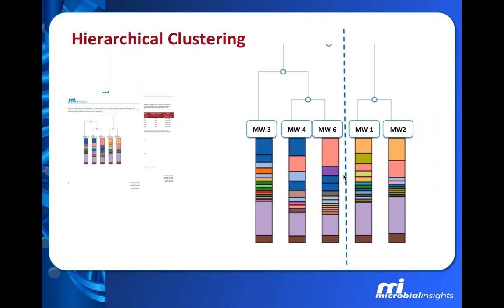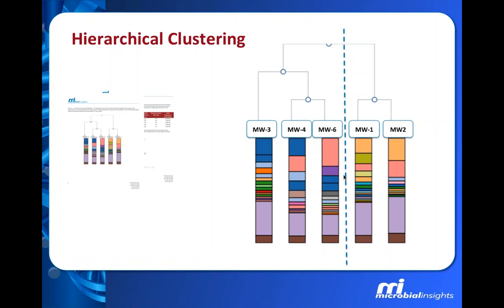You can see the first pretty easily is MW3, 4, and 6, and the second is MW1 and 2. And these stacked bars below each sample represent the microbial community of each sample at the genus level. So each of those colors that you see in that stacked bar would be a different genus of microorganism. So I think that you can see, just by looking at them qualitatively, those major clusters.